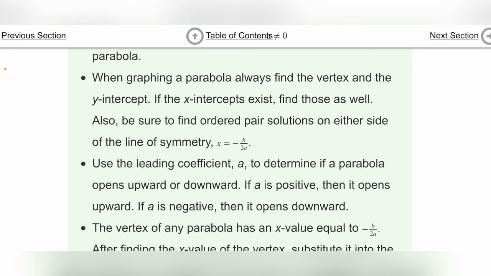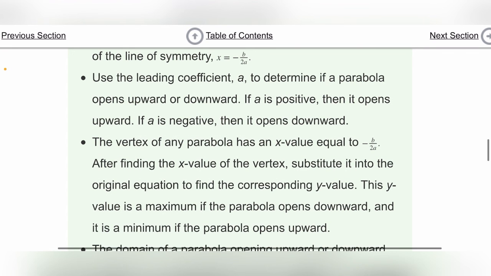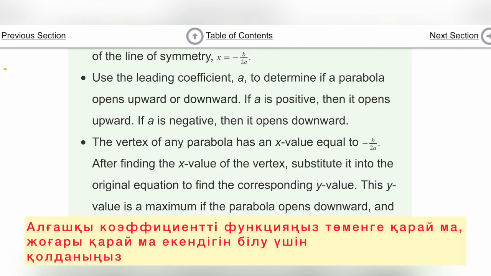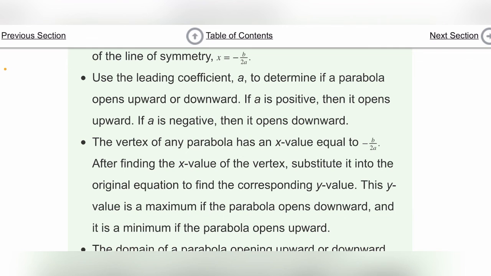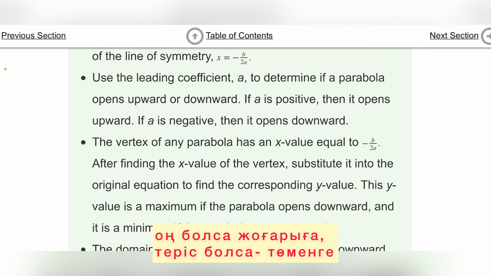Also, be sure to find ordered pair solutions on either side of the line of symmetry, x equals negative b over 2a. Use the leading coefficient a to determine if a parabola opens upward or downward. If a is positive, it opens upward. If a is negative, it opens downward.